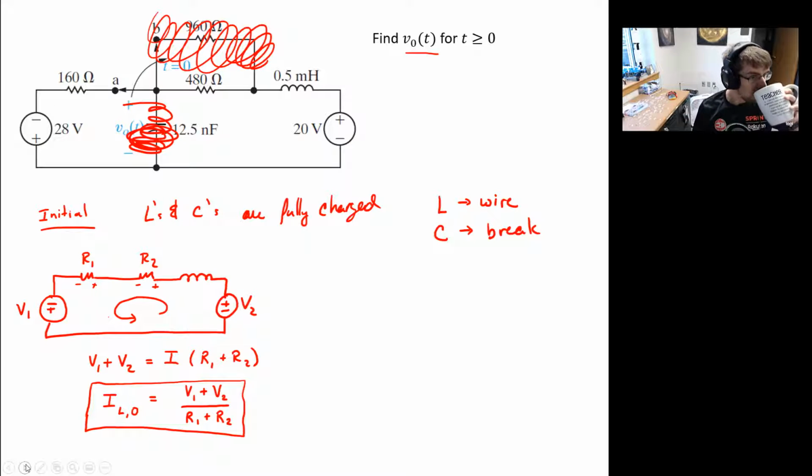Cool. Well, let's say this is the current flowing through that initial circuit. Now we need to think about where we can get a second initial condition. And so I will think for a moment about the potential drop across the capacitor, right?